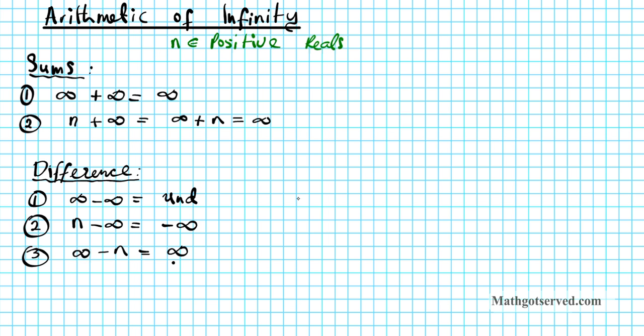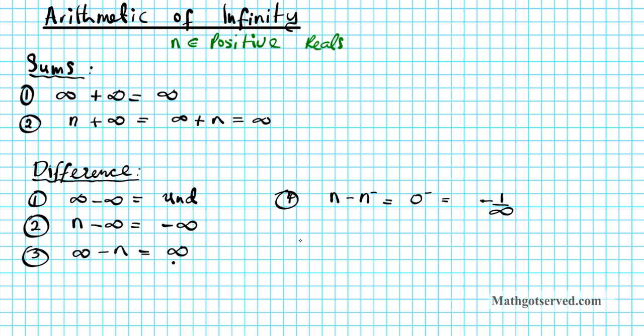Number four, if we have n, which is a positive real number, minus a number that's infinitely close to that positive real number from the left, this is equal to an infinitely small negative number known as 0 to the negative. And this is the same thing as negative 1 over infinity. We'll talk more about this later.